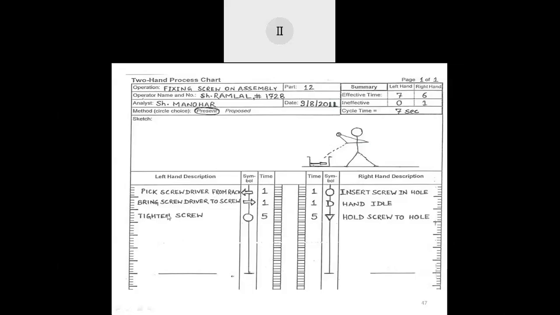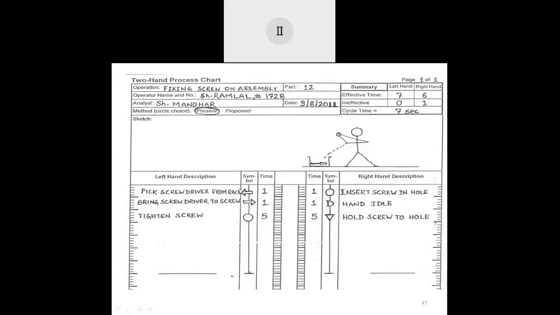So here, what is the operation? The operation is fixing a screw on an assembly. In an assembly we are fixing a screw, with the date and time. The analyzer name is also there, and the analyzer needs to write down all those things. In the left hand column, the left hand will pick the screwdriver from the rack, so it is a movement.